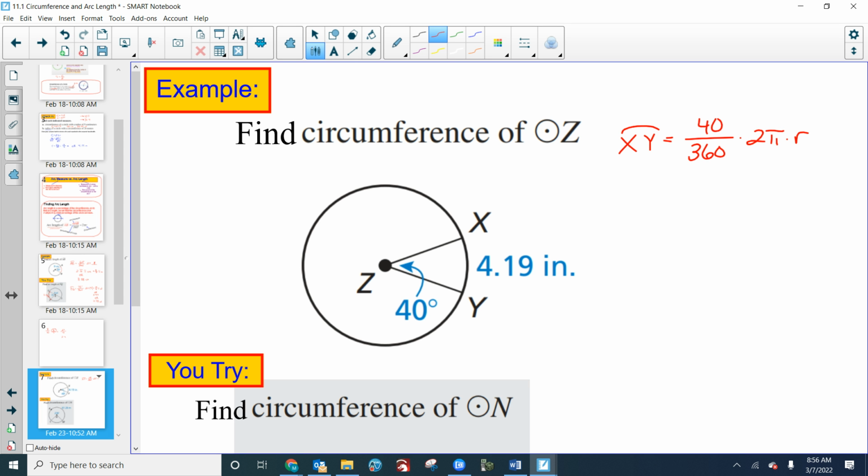Yes? Isn't that the formula for arc length? And what did they tell us? I didn't fill one part in yet. They gave us the arc. Good. So 4.19 is the arc.